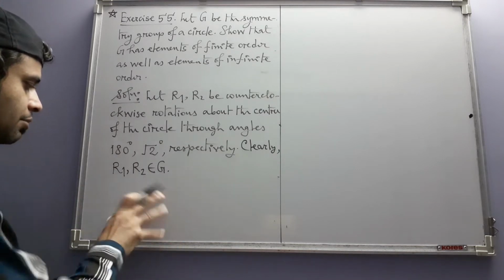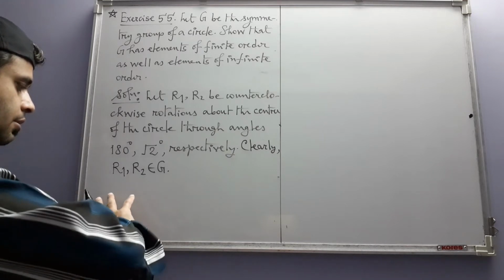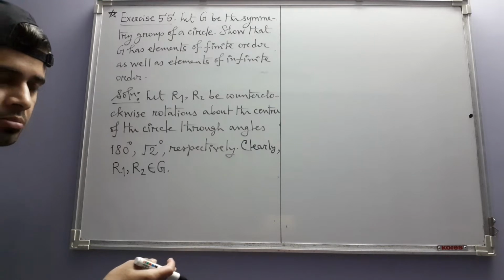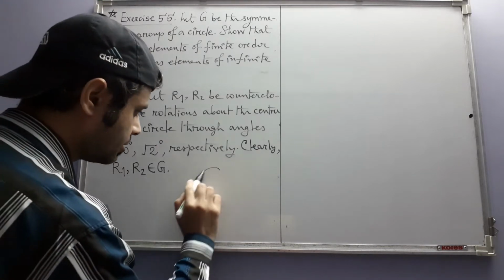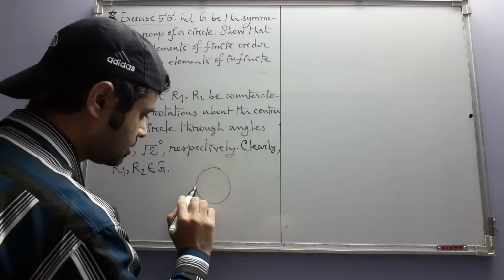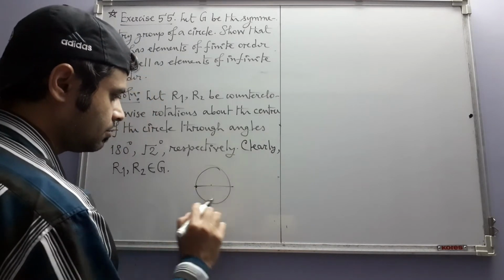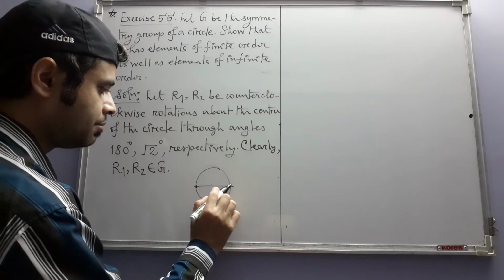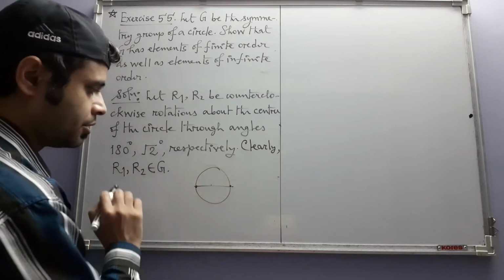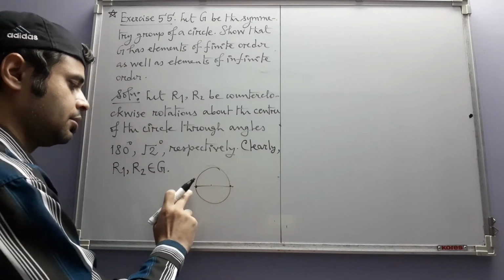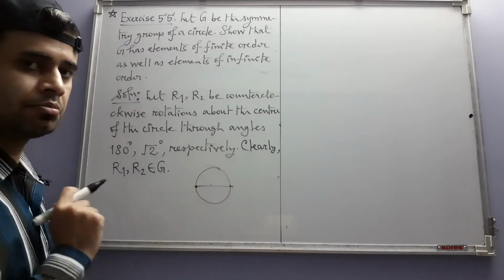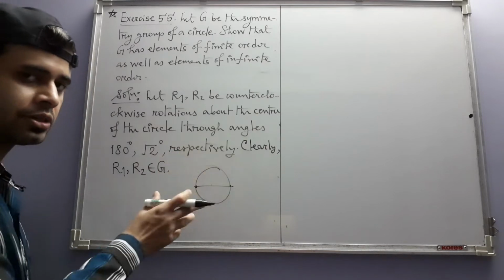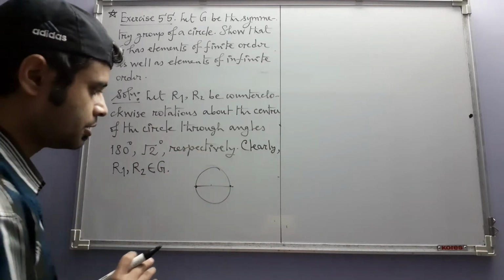Now because R1 is rotation through 180 degree, R1 itself is not the identity. But if we perform R1 two times, then the points of the circle are mapped onto themselves. This is the circle. Say this point will come to this diametrically opposite position. But if you do that two times, all the points will come back to their original position.